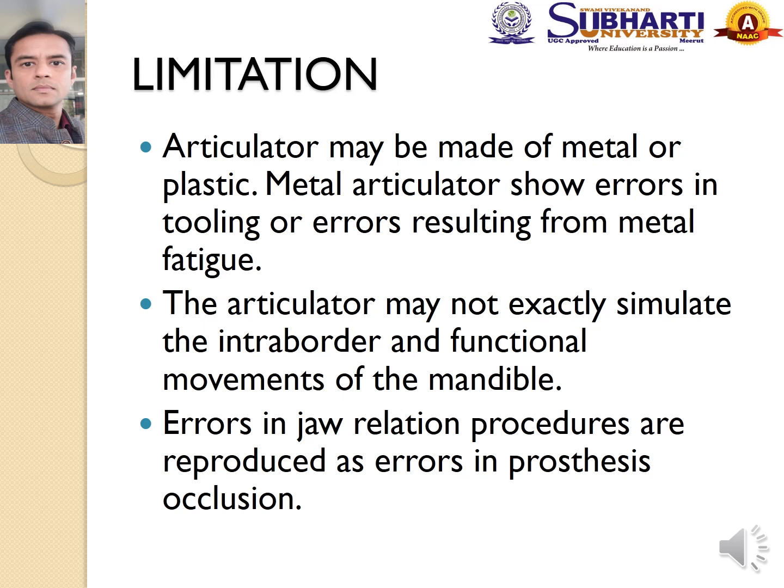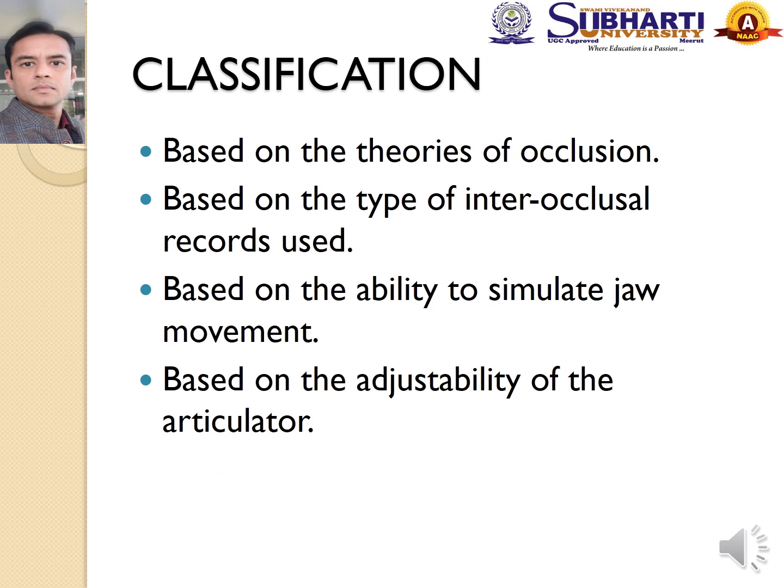Errors in procedures are reproduced as errors in the prosthesis occlusion. If we are gaining a jaw relation from the patient and, in that process, we have made a certain mistake, that mistake will be reproduced in the articulator, and that will again lead to errors in the prosthesis occlusion.